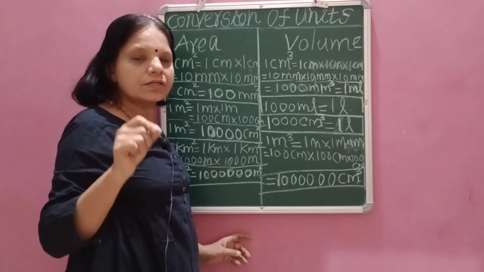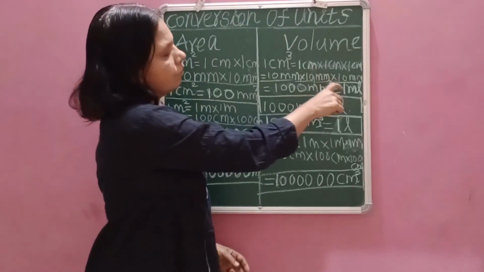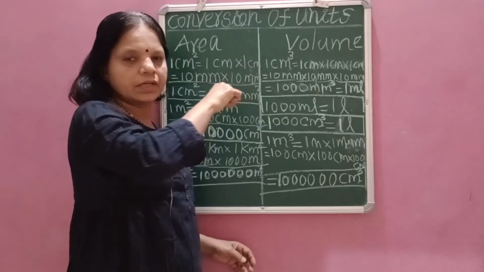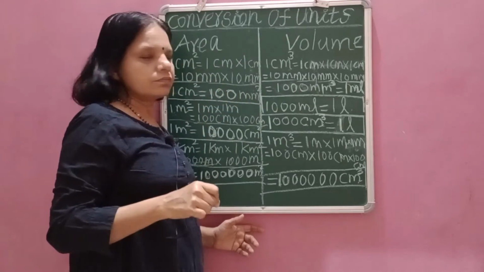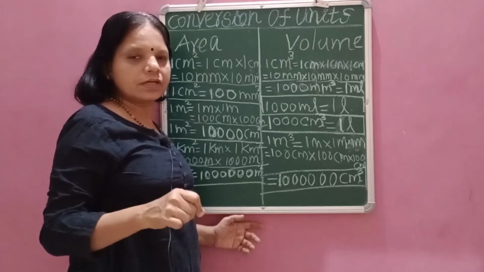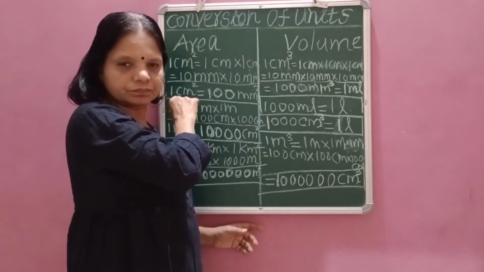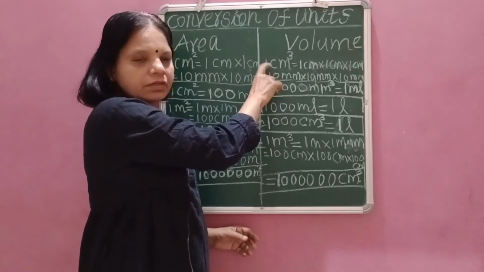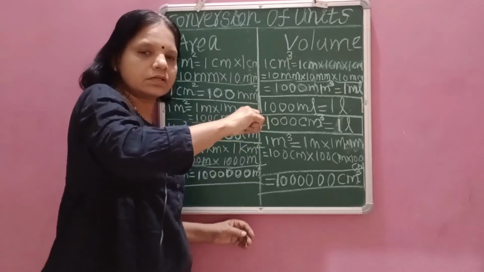This 1 centimeter cube is equal to 1 ml. In the case of liquid, volume is measured in ml. What is that 1 ml? 1 centimeter cube. In the case of solid, we say centimeter cube, but in the case of liquid, it is measured in ml.